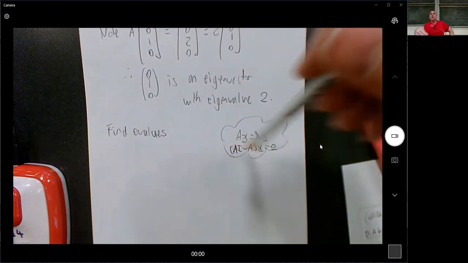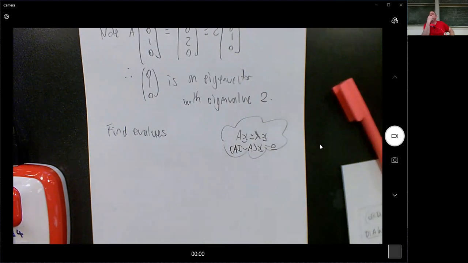I'm just used to this one. But some lecturers will do one, some will do the other. The only thing I'd say is that if someone asks you for the characteristic polynomial, you have to do this one. Or at least do whichever one you want and just make sure that you multiply it by -1 until the biggest power is positive. Yeah. The characteristic polynomial has to have lambda to the n at the front with a plus.